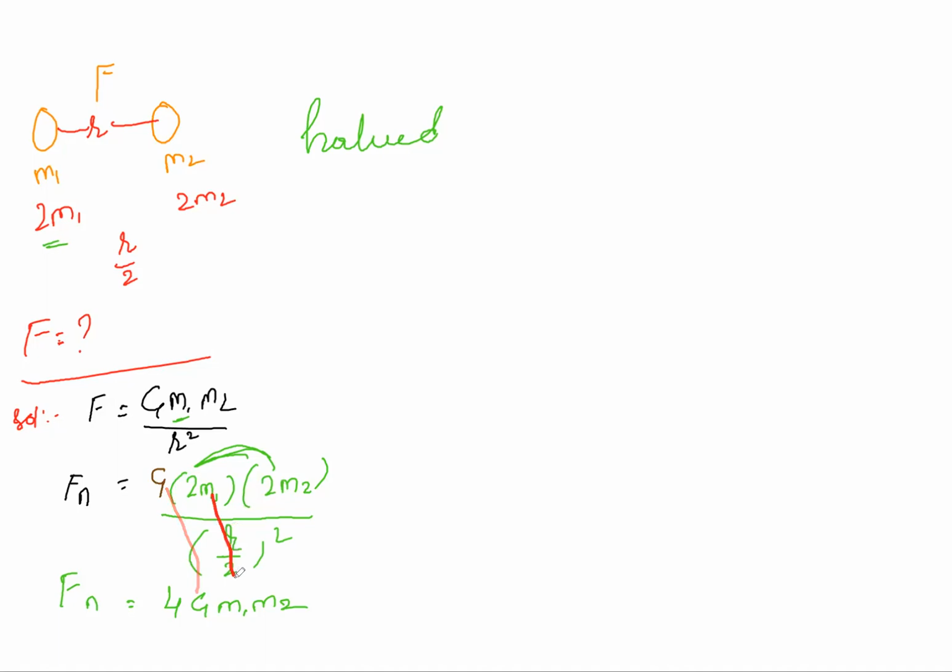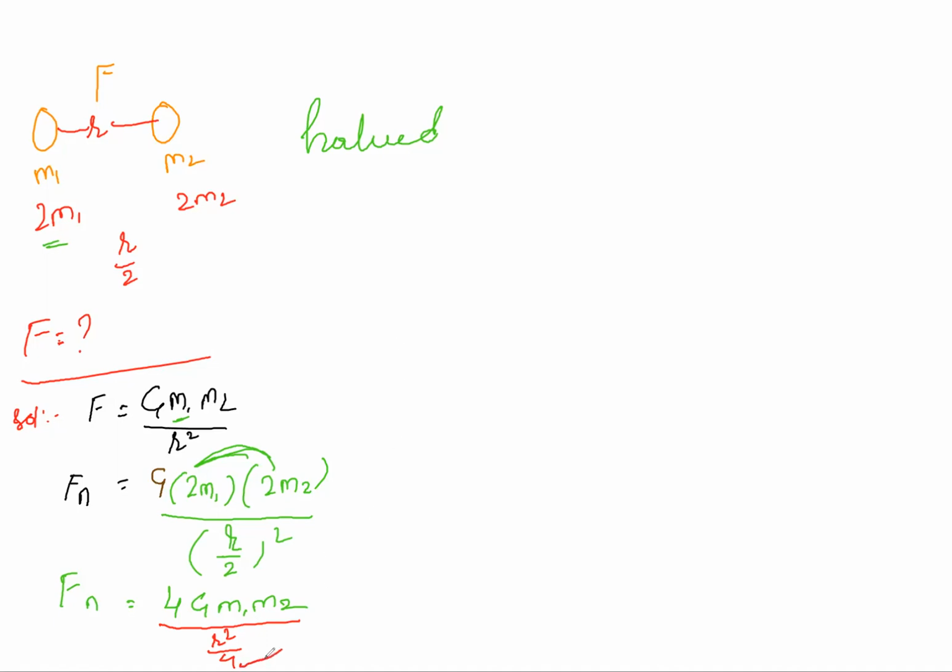The R square by 2 square is R square by 4.